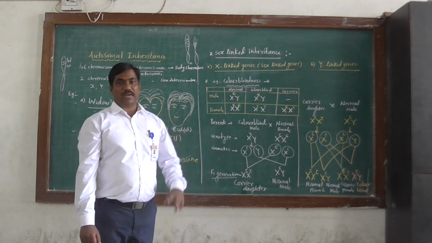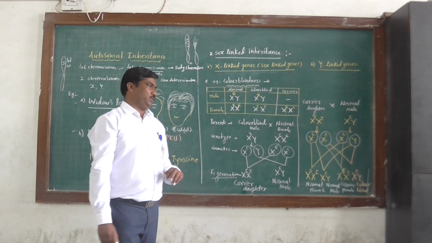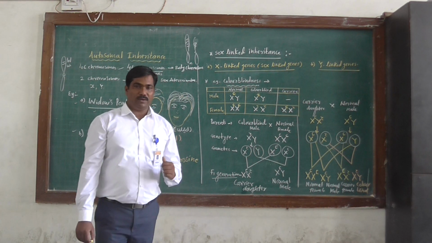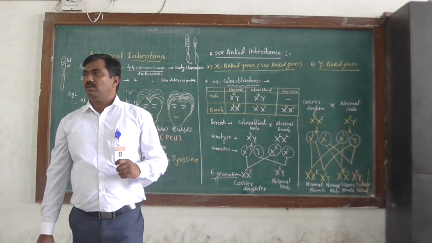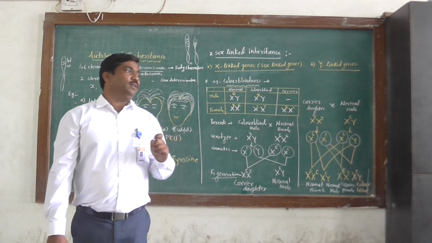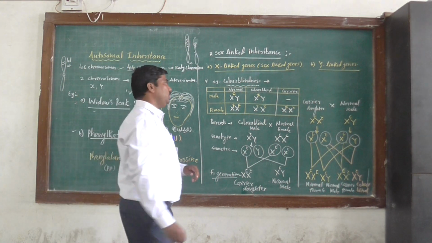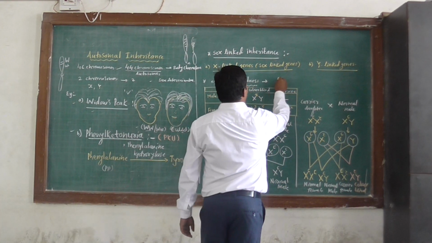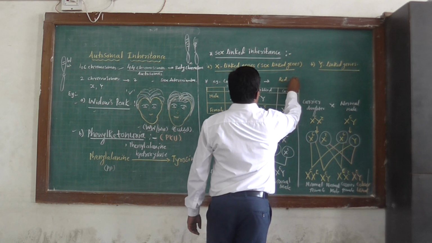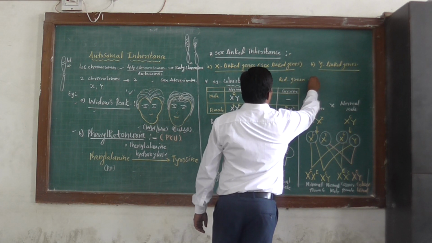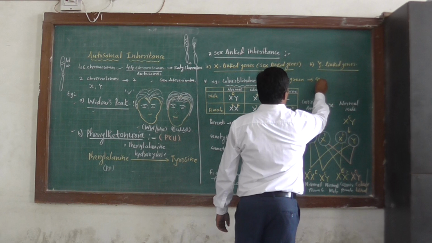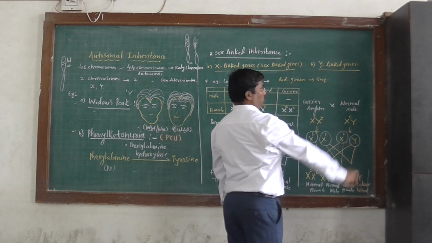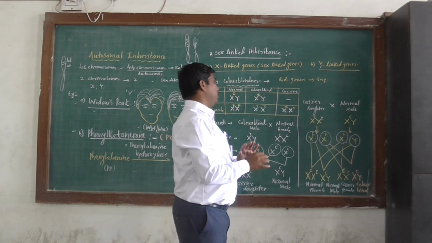It is also known as red-green color blindness, in which the individual is unable to distinguish between red and green color; both colors appear gray to this individual.